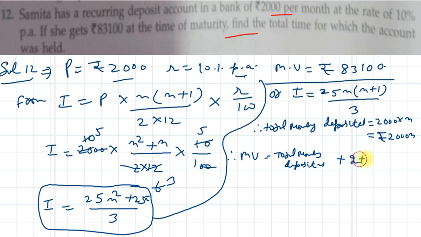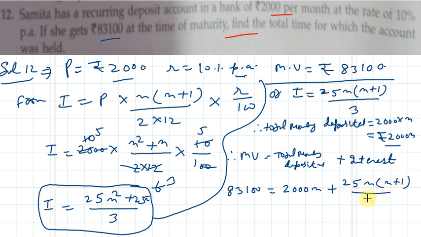So the matured value he has given is 83100. Total money deposited we have calculated as 2000n, and plus interest we have calculated, 25n into n plus 1 upon 3.